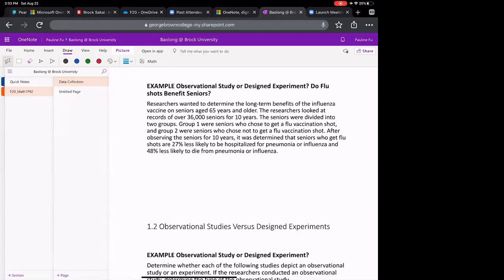Group 1 were seniors who chose to get a flu vaccination shot, and Group 2 were seniors who chose not to get a flu vaccination shot. After observing the seniors for 10 years, it was determined that seniors who get flu shots are 27% less likely to be hospitalized for pneumonia or influenza, and 48% less likely to die from pneumonia or influenza.